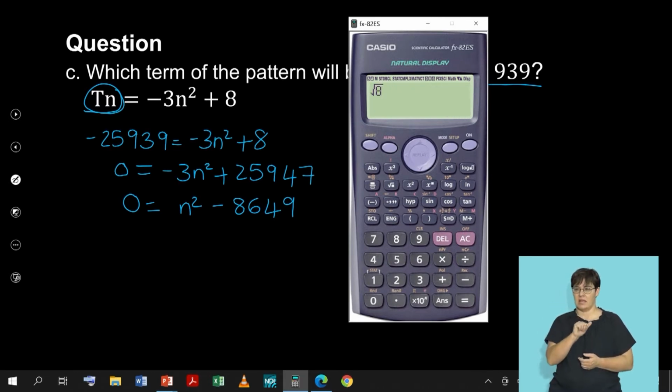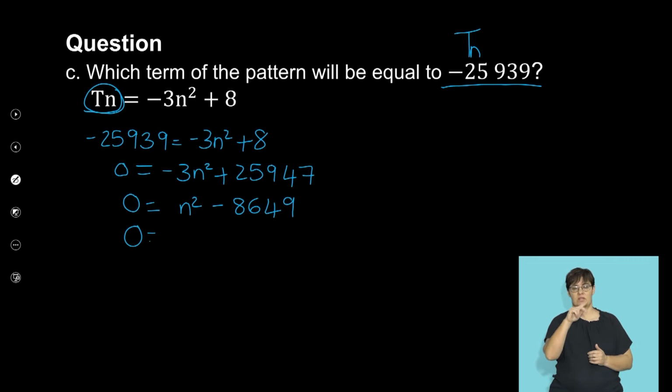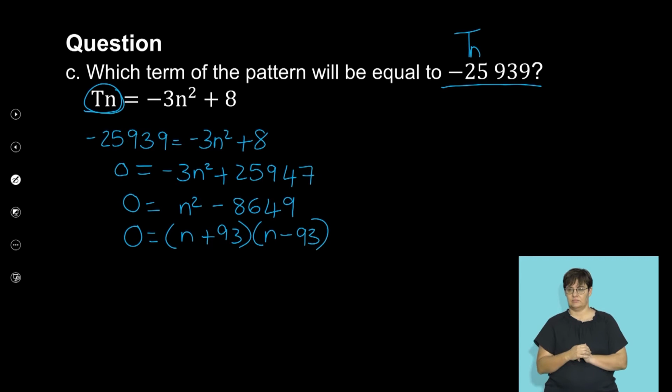So the square root of 8,649 gives me 93. So this is great. So it's a difference of squares. So it's going to be 0 is equal to n plus 93 and n minus 93. So n will be equal to negative 93 or n will be equal to 93.